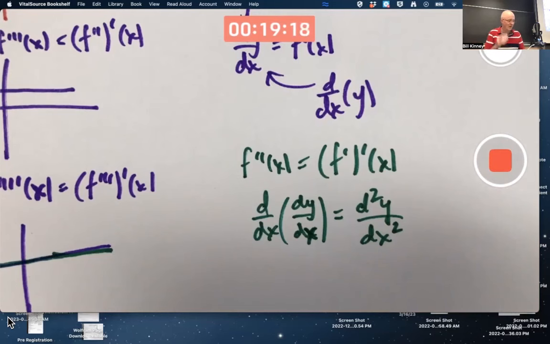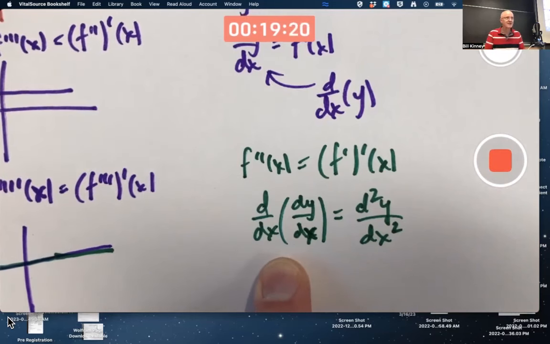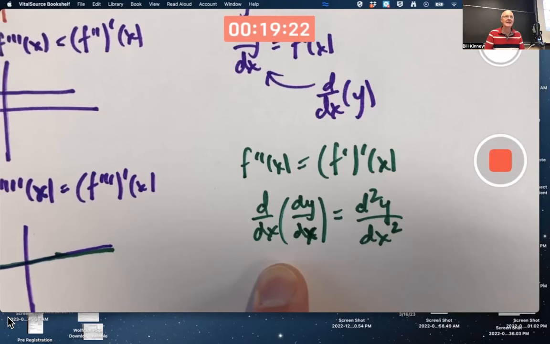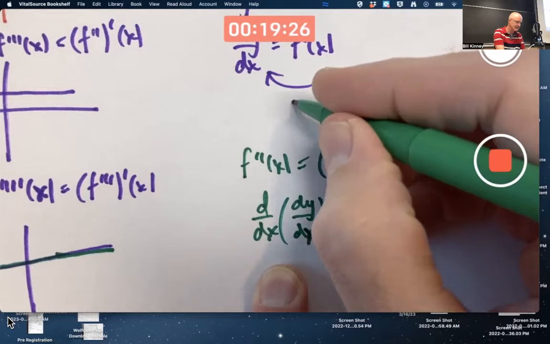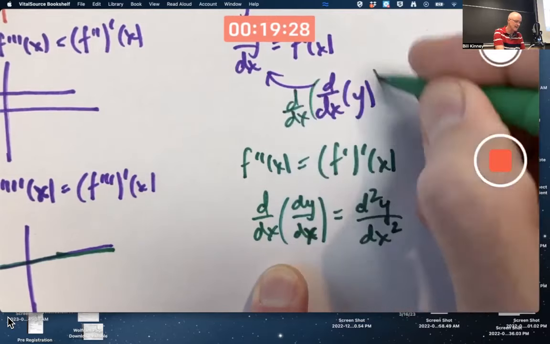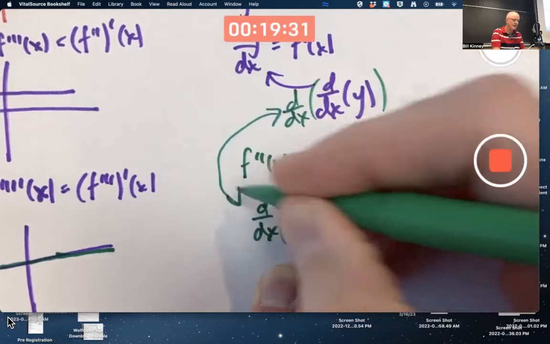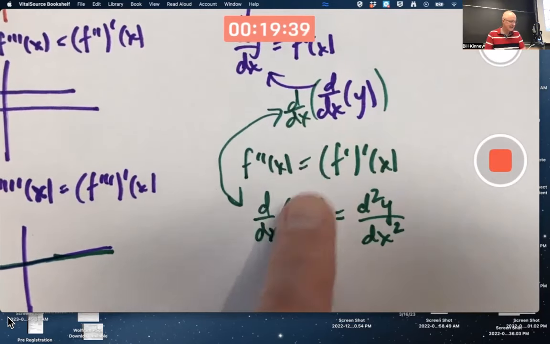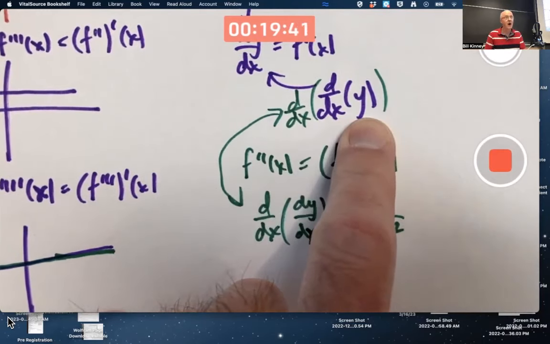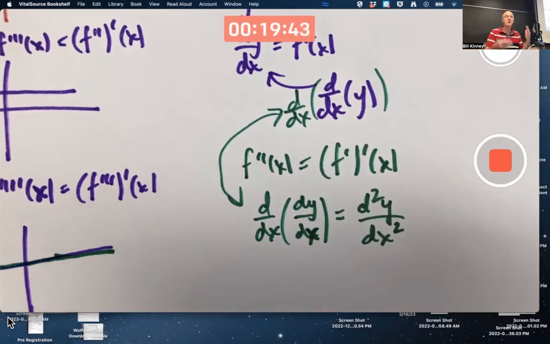I'm serious. Yeah, it is partially meant to be fun. Okay. In reality, you're not multiplying here. There's not a multiplication going on. There's a composition of operators, if you will. You could also put the d dx in front of this. d dx is an operator, and operators are actually functions themselves. d dx is taking an input, a function, y, a function of x, and giving you an output, a derivative.